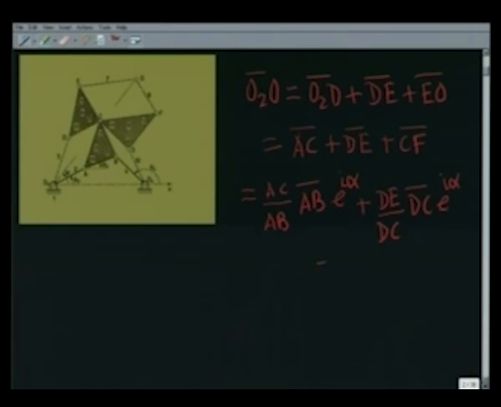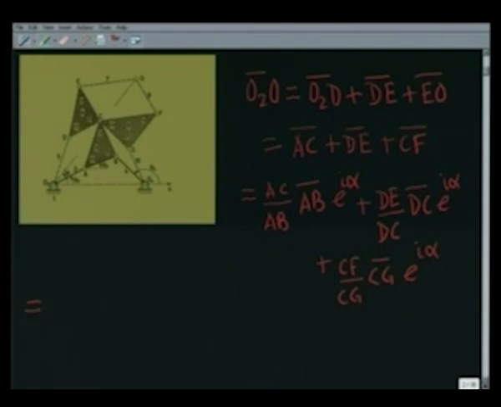Then CF, I can write as CF by CG into vector CG. That takes care of the magnitude of CF, and again to take care of the direction I multiply by e to the power i alpha.